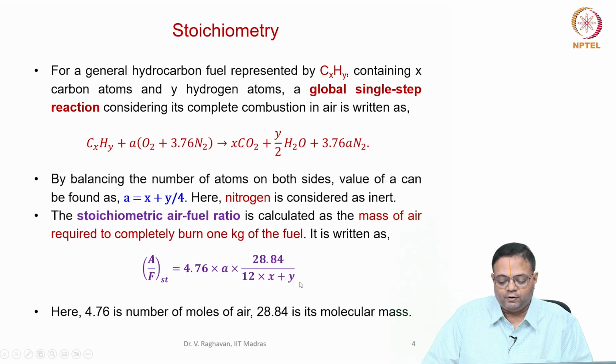So, 12X plus Y is the molecular mass of the fuel, and into 1 kilomole, that will give you the mass of the fuel. So, this ratio, the mass of air required to completely burn 1 kg of fuel, is the stoichiometric air to fuel ratio.